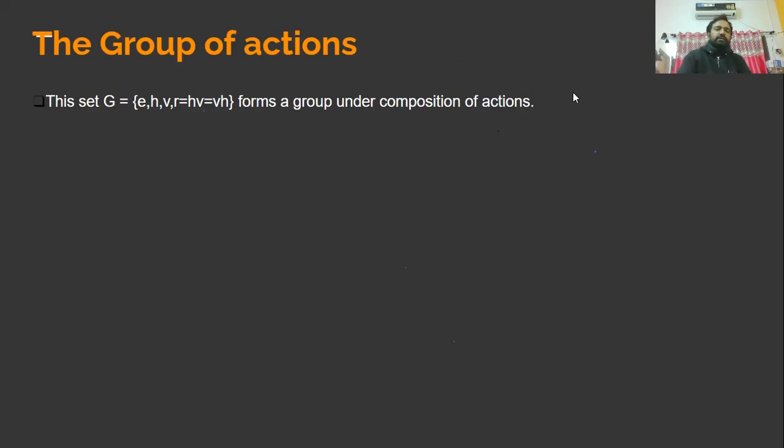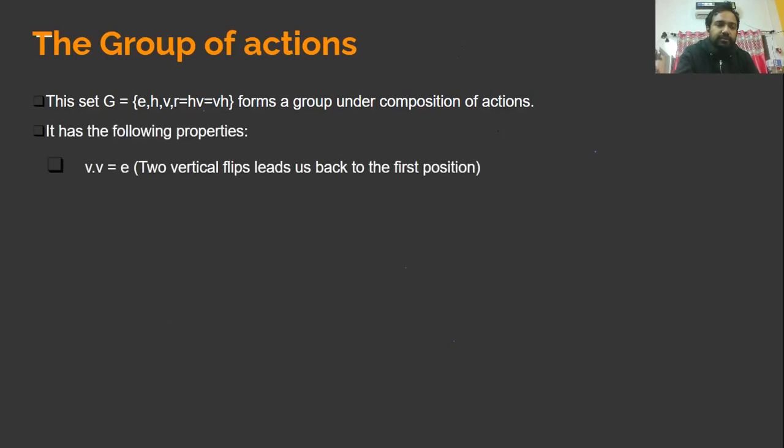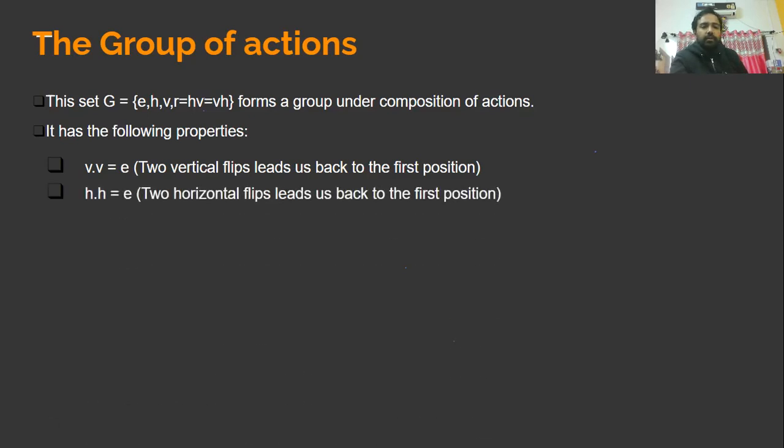So the group of actions, the set E, H, V, and R forms a group under the composition of actions, and it has the following properties. A vertical flip twice leads to the initial position. A horizontal flip twice leads us back to the initial position.